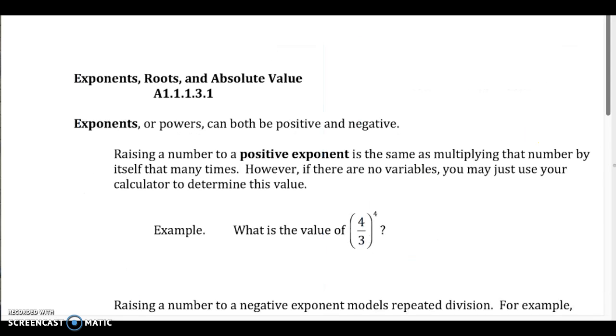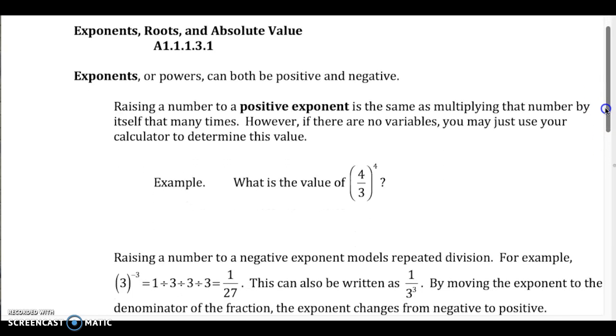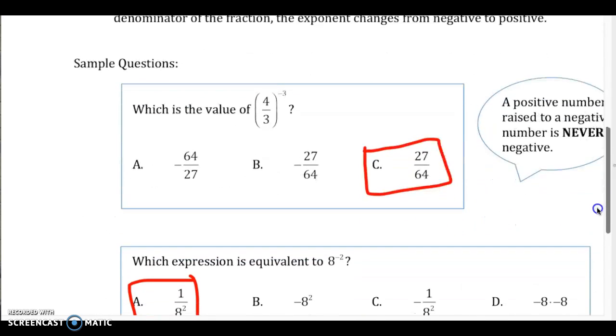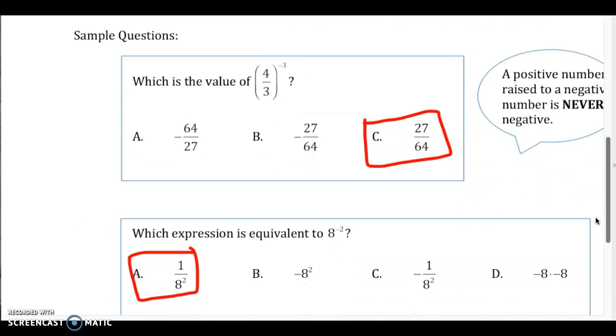So as we move on to exponents and roots and more absolute values, a couple of highlights that I want to bring to your attention. A negative exponent. Remember, negative exponents are never, ever, ever, ever negative numbers. They mean the reciprocal of your cubed number from there. So it's something like 4/3 to the negative third.